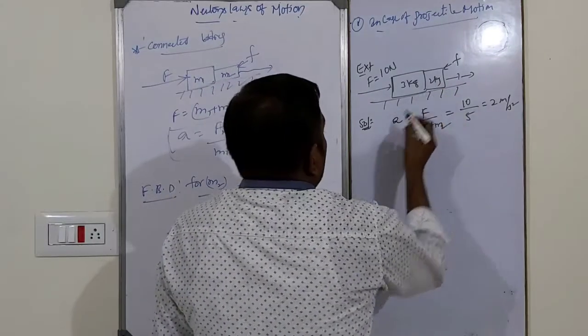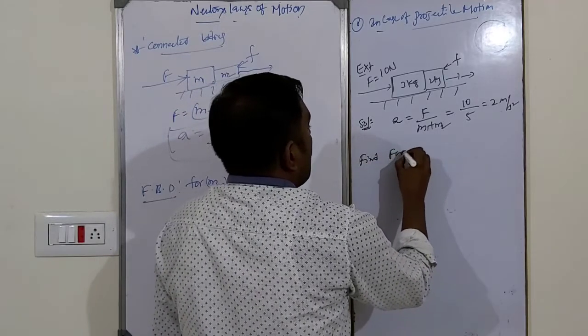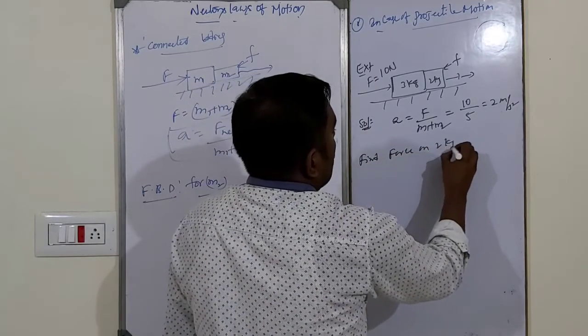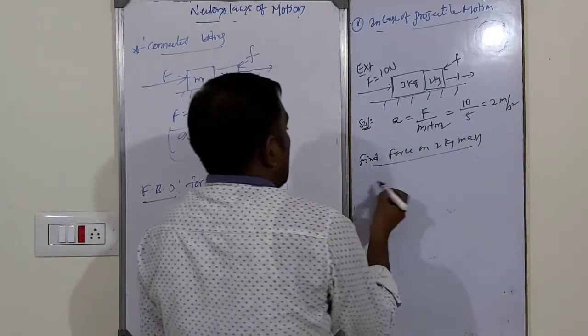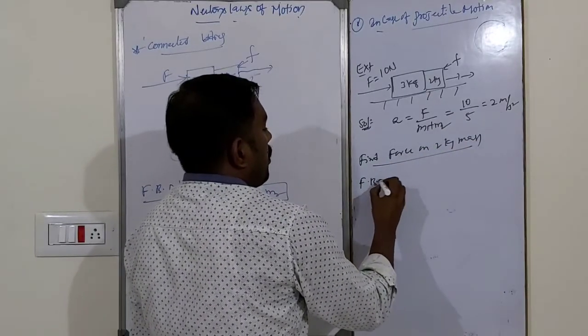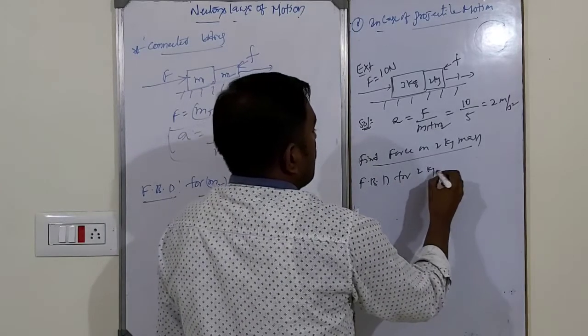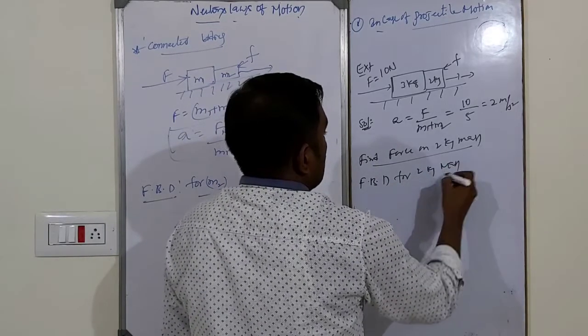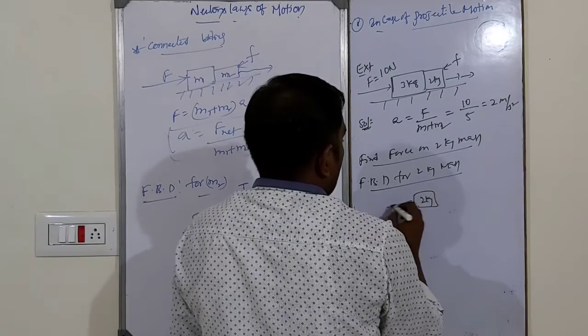Now find the force on the 2 kg mass. So draw the free body diagram for the 2 kg mass. The free body diagram is like this, 2 kg like this.